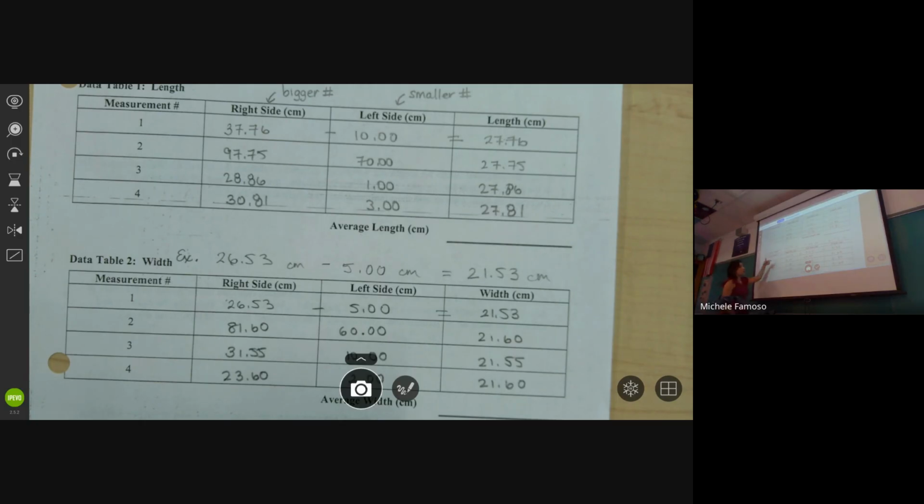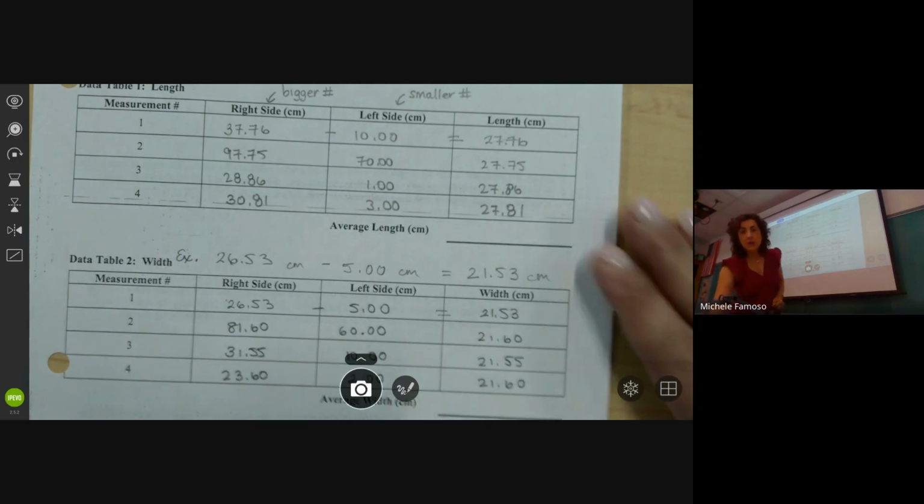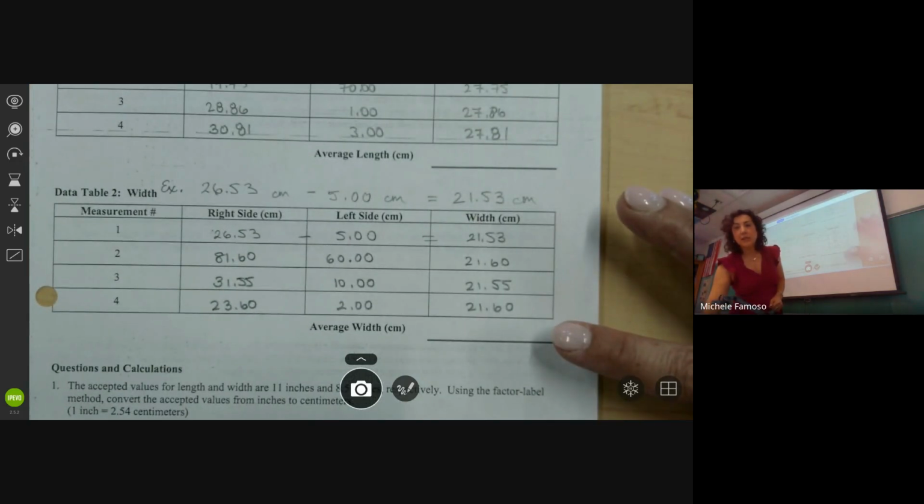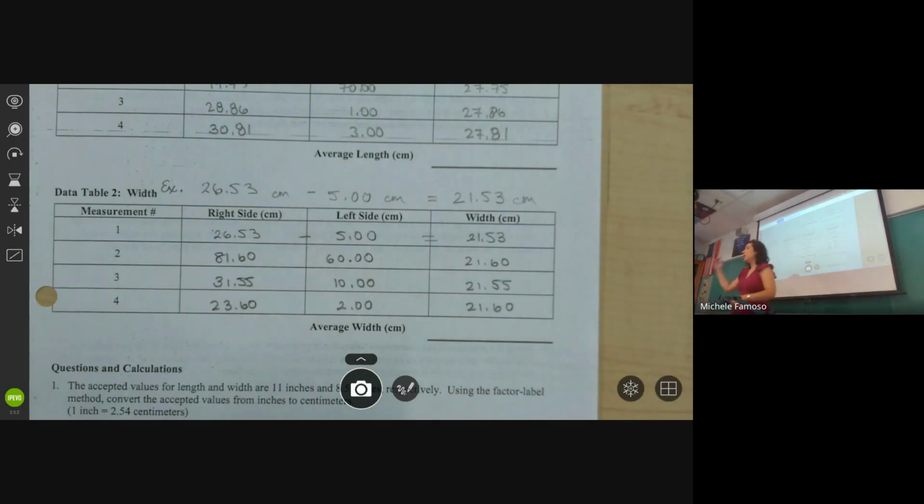Same thing with your widths. Even though all my widths are different, they're all between 21 and 22 centimeters. That's what we're looking for. Some consistency. If something isn't, we have to fix it before we do the average. You'll need a calculator to do the average. Everyone is going to do it.